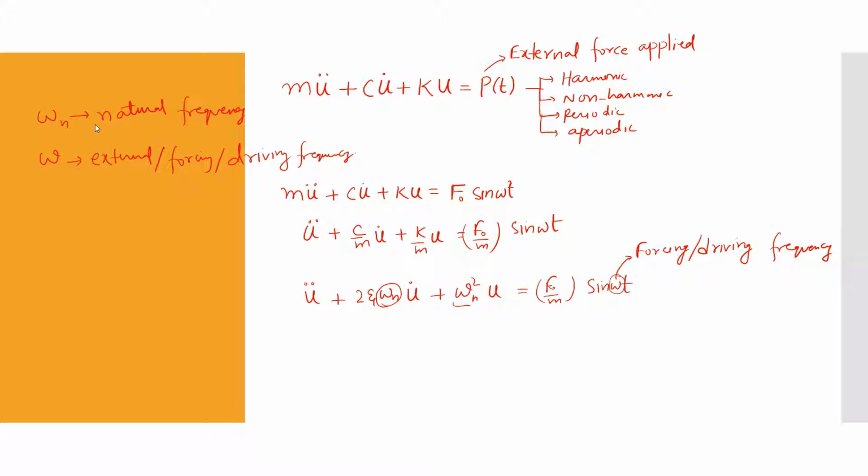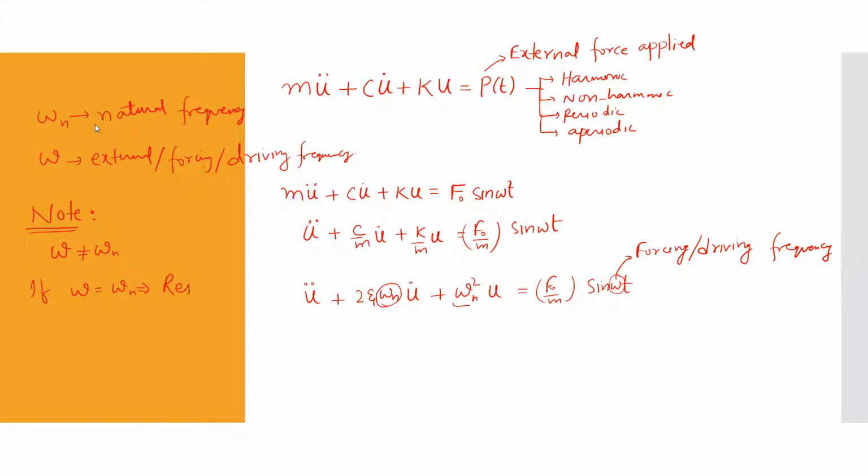Okay, so we should note one point here: we do not want omega to be equal to omega n. It should not be such a case. If omega equals omega n, meaning the applied frequency equals the natural frequency, then what will happen?